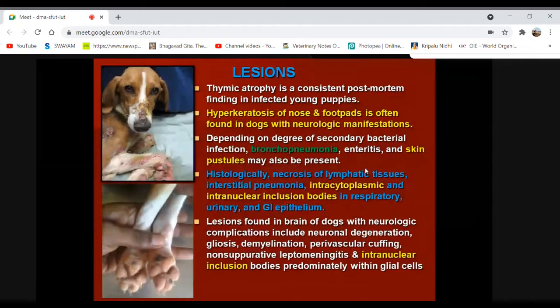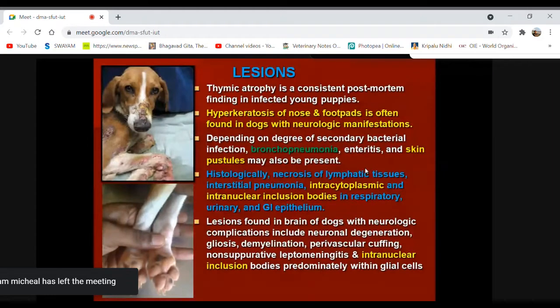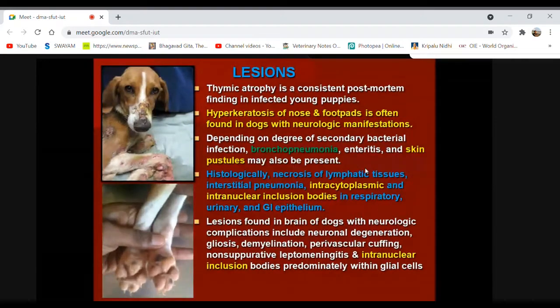When you examine these epithelial cells under the microscope after staining, you can note both kinds of inclusion bodies. This is very specific for this disease. It doesn't happen in other diseases.